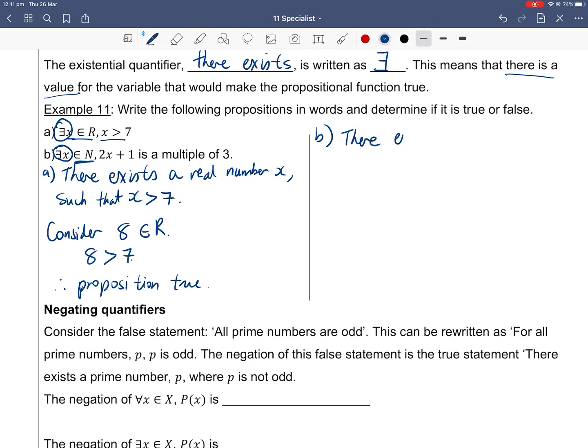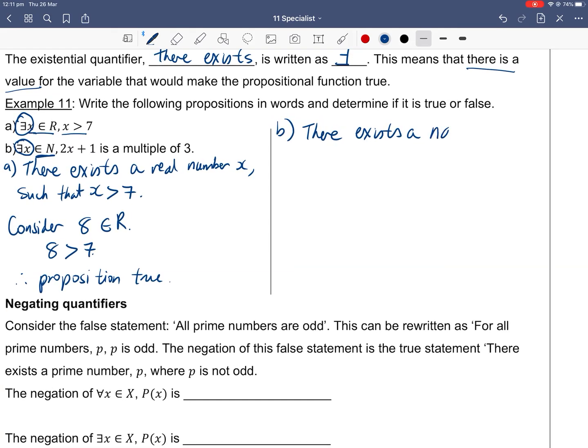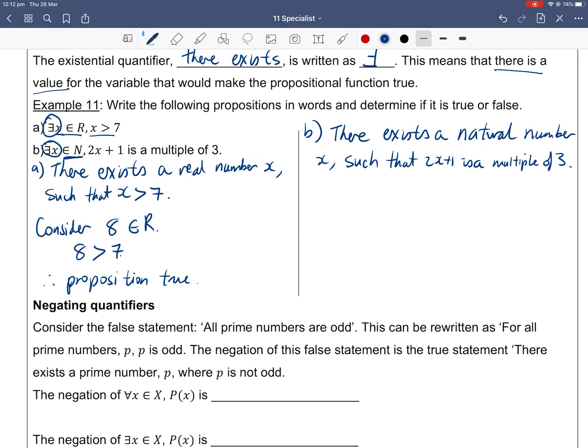So in words, there exists a natural number x such that 2x plus 1 is a multiple of 3. So when you write exist statements, you can see that it always pairs up with "such that". So there exists blah, blah, blah, such that blah, blah, blah happens.